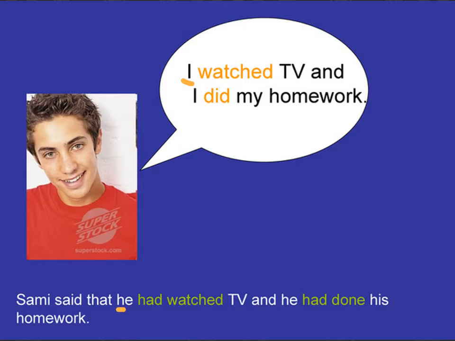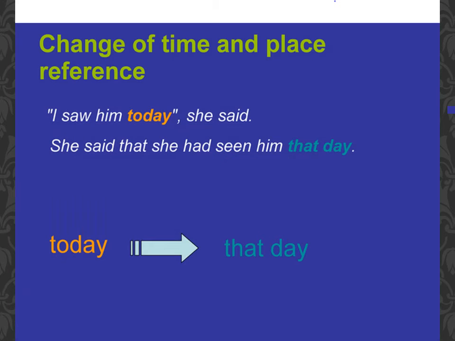He. Had watched TV, and he had done. Did is changed to had done. So when we meet the past simple in a sentence, we will know that when we change it to an indirect speech sentence, we will use the past perfect tense.